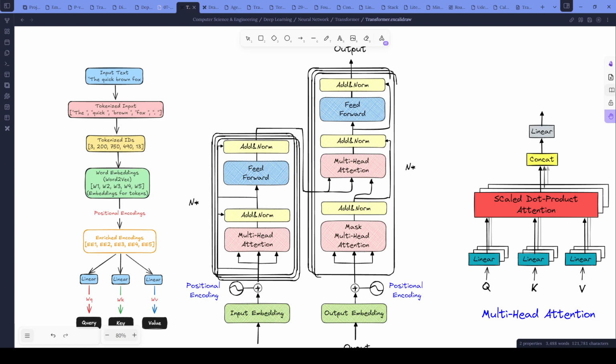So the word "am" should only have access to itself and the words that come before it.